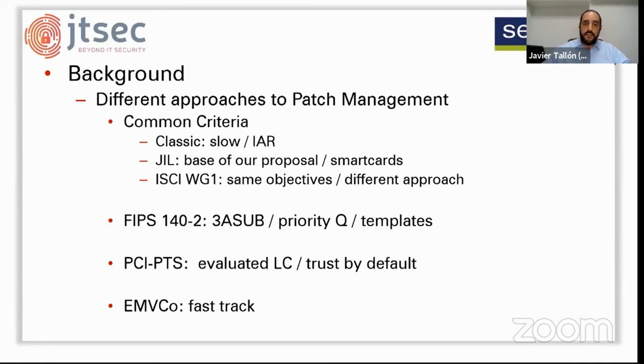The third one is that we need to use the joint forces of vendors, labs, and the evaluation authority also, of course, to make security a priority while saving the guarantees of certification. So in some way, easing the path to recertification when security is at risk. And finally, also, maybe a bit out of the pure methodological scope that we usually deal with under the ISO umbrella, we need also to put some trust on the developers and create fast tracks.